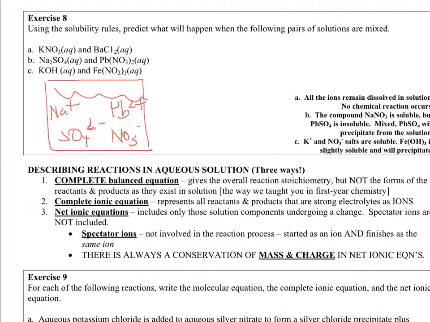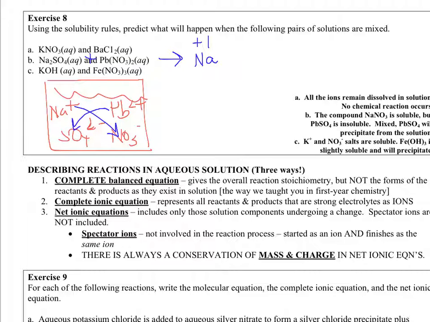What happens when my anions and cations switch partners? So now my sodium will combine with the nitrate, and the lead will combine with the sulfate. If I rewrite, envision there's a plus there instead of the word and. I will have sodium +1 charge.